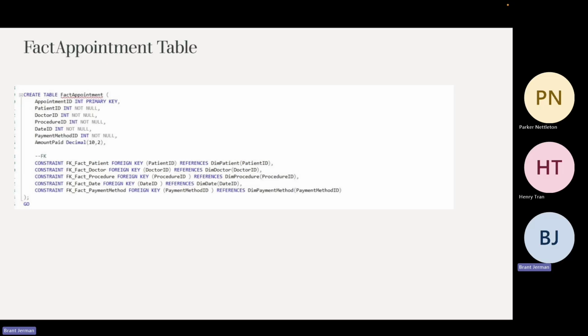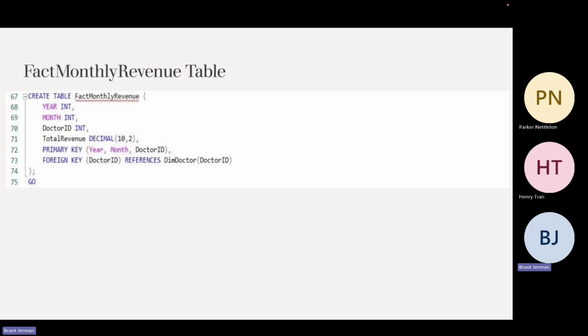We really wanted to make sure we're able to create conclusions based off of the data that is being generated and entered into the system, because without the ability to track all of the data that we have and put it into places that make sense, this project would be for naught. So we want to make sure that we have the ability to track and maintain and create operational efficiencies from what we're seeing here. And then that takes us right into the fact monthly revenue table, which Henry's going to take for us.